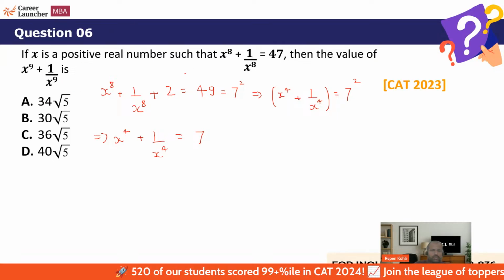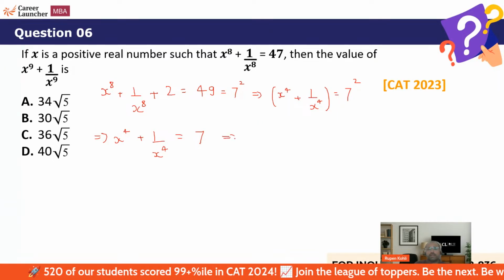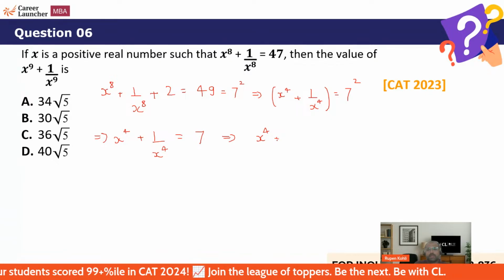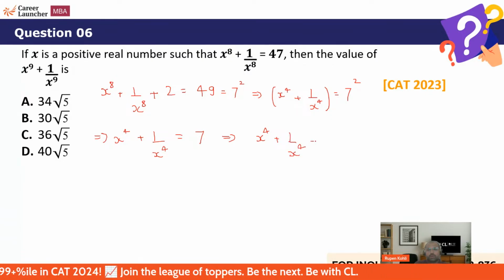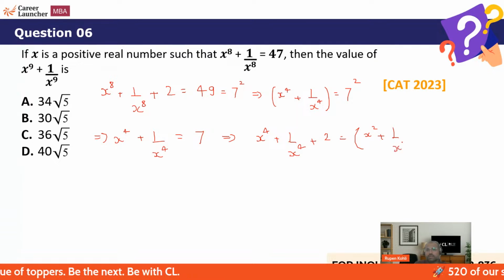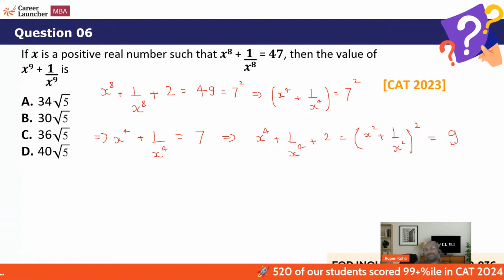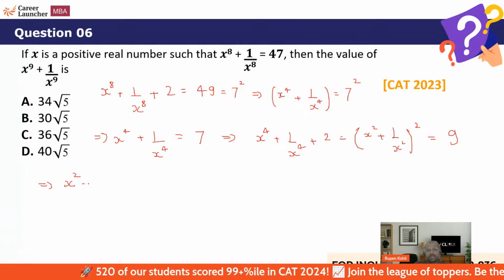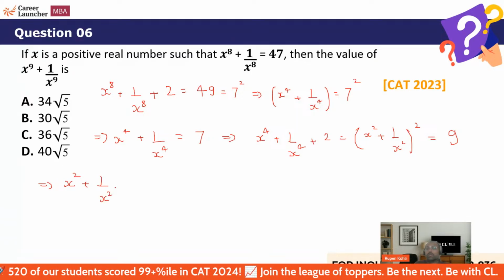Again, adding 2 on both sides: x4 plus 1 by x4 plus 2, which is the square of x square plus 1 by x square, is turning out to be another perfect square, 7 plus 2, 9. Taking the square root, we get that x square plus 1 by x square is therefore 3, obviously.